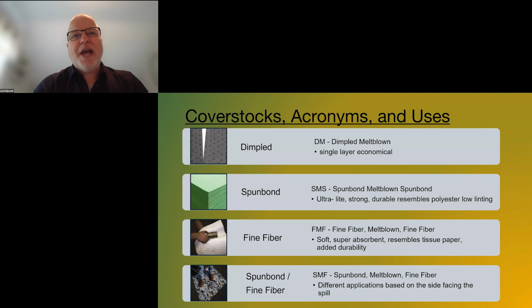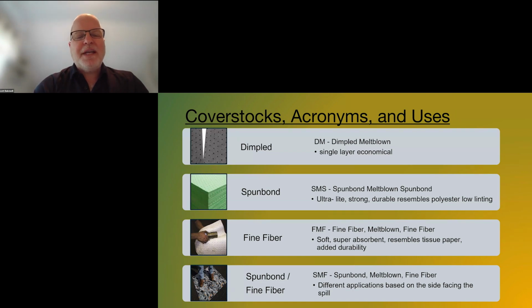It's there to add a layer of protection. In a lot of cases, it's for areas where low linting is key, or maybe there's going to be an area where there's heavier vehicular or foot traffic. This again adds a layer of protection and durability so the product can stay down. You can put parts on it, drive carts over it, walk over it, and you're not going to damage the absorbent.